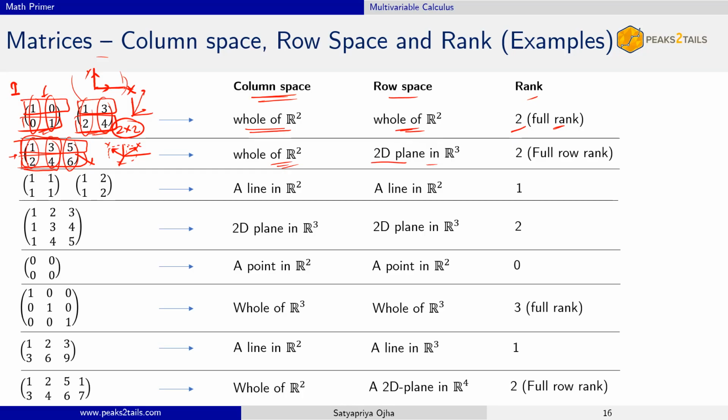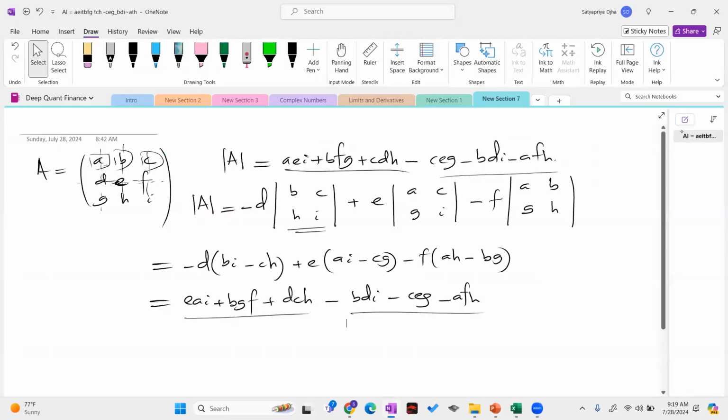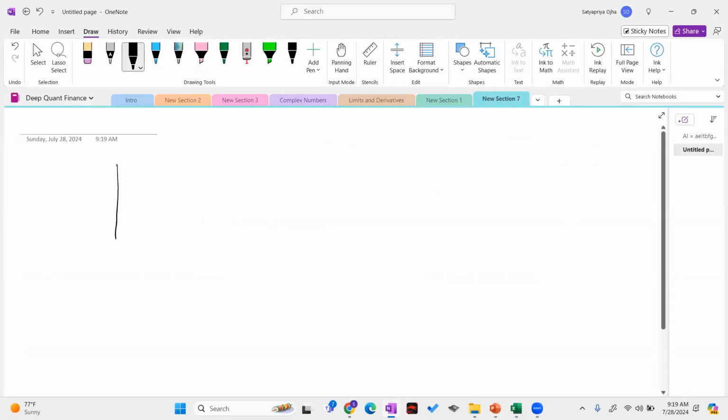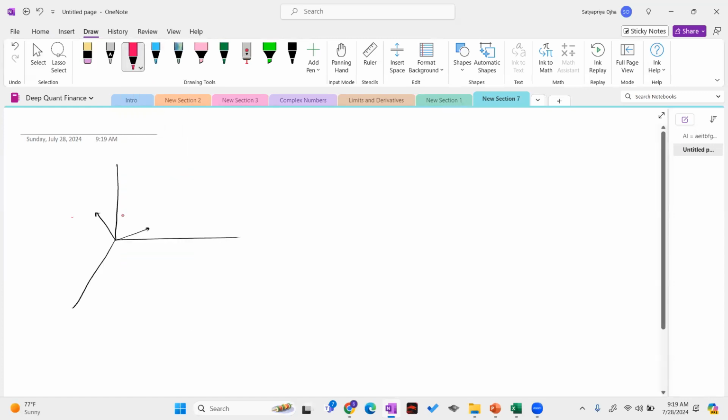Okay. Let me try to draw. Maybe I'll try. Because 3D is always challenging, right? One vector like this, one vector like this. I mean, it's not easy to draw.